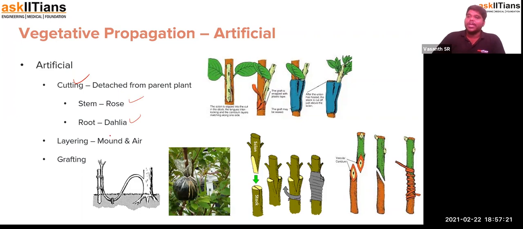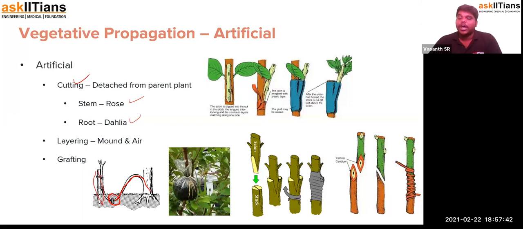Okay. Next one is layering. Layering is a process where, from a pre-existing plant, we bend one of its branches. Before you bend it, you strip only the outer bark, and then make sure it contacts the soil. Then we fix it with a support.